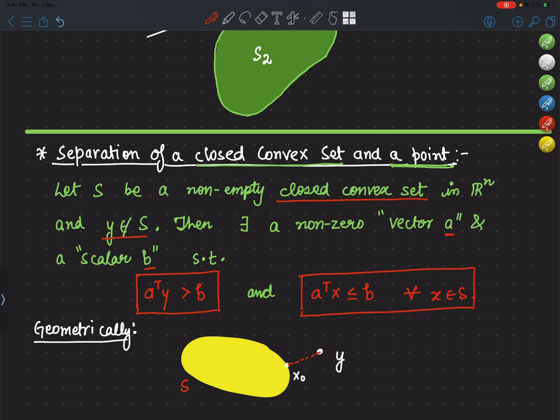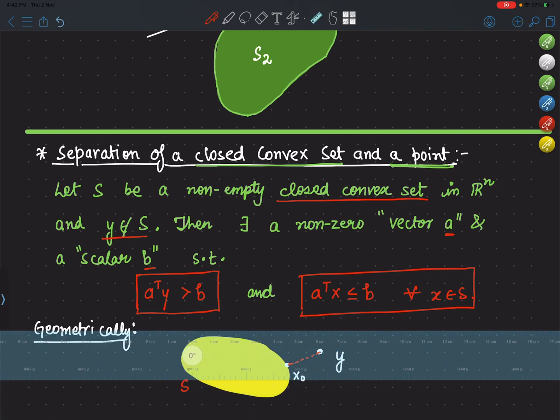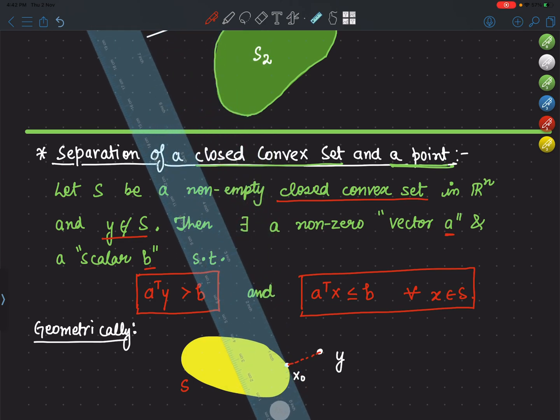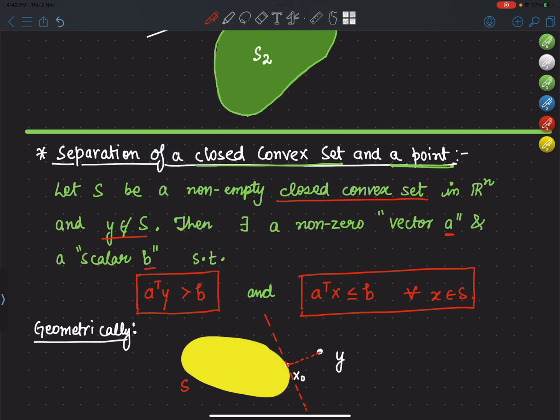Then this hyperplane H, shown in red, you can see separates the convex set on one side and the point on the other side.